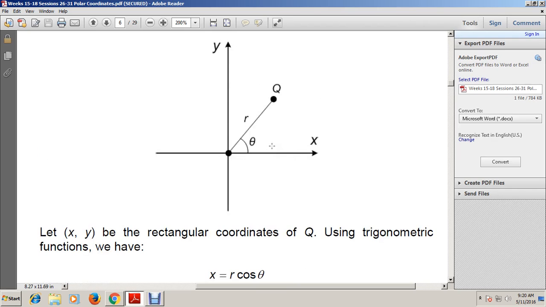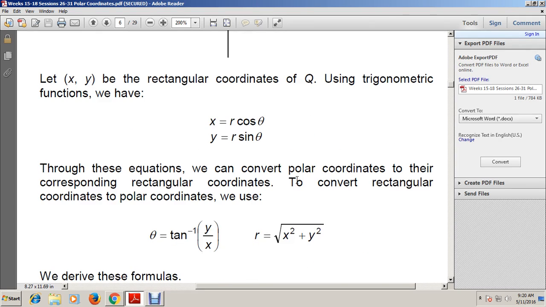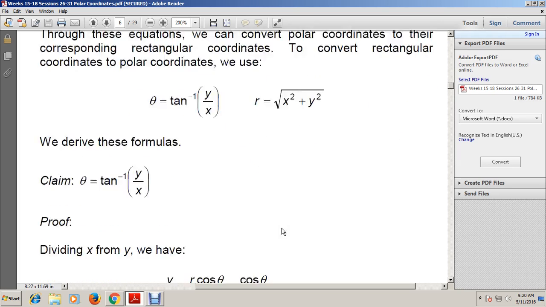As for the hypotenuse r, given the sides of our right triangle, x and y, we can make use of the Pythagorean theorem to compute our radius r. That is why r is equal to the square root of x squared plus y squared.